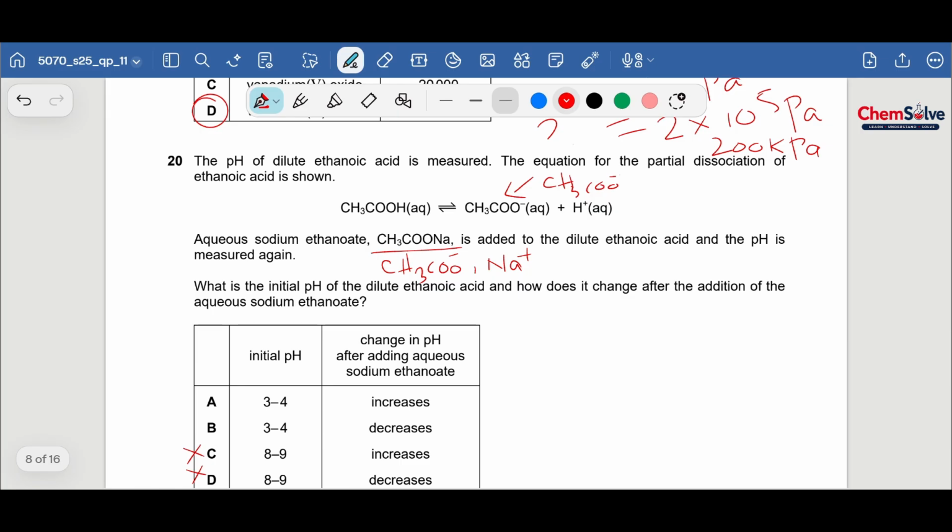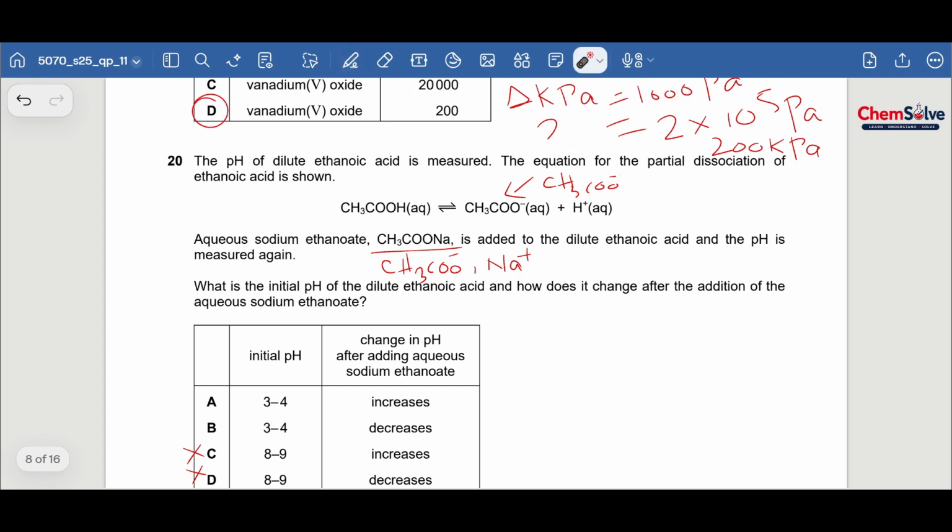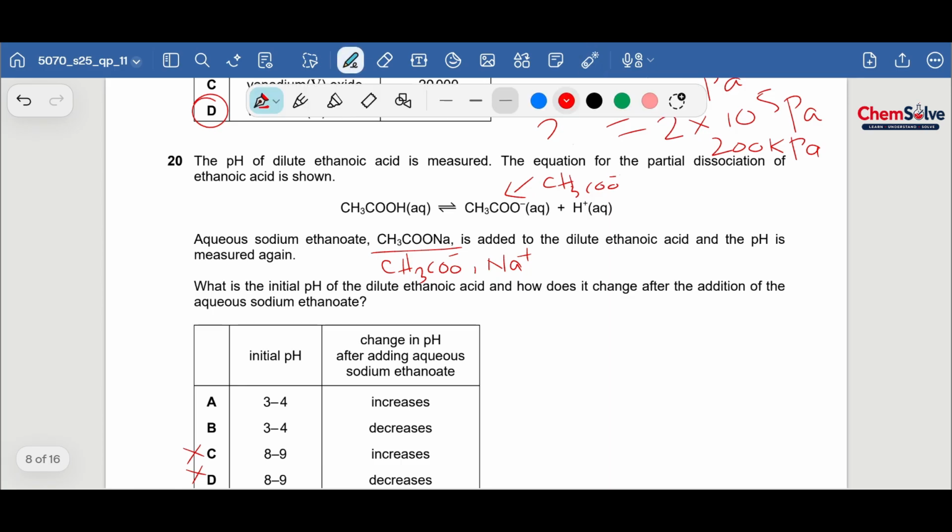When we add sodium ethanoate, the concentration of the ethanoate ion will increase, and according to the dynamic equilibrium, the equilibrium will move towards the left hand side of the equation.